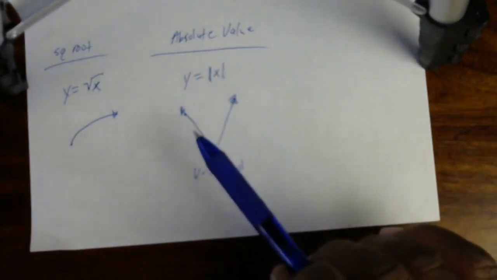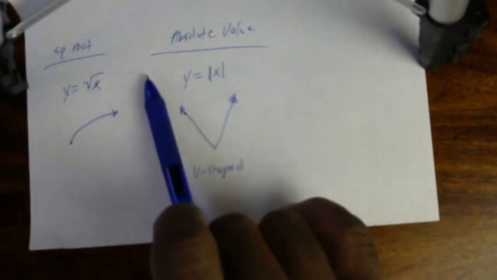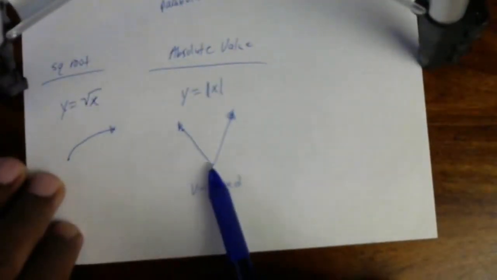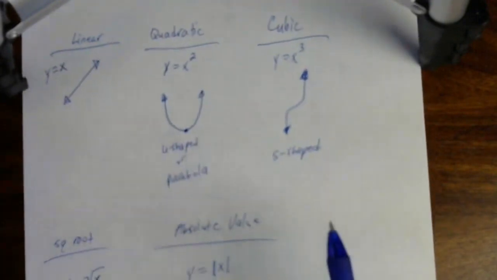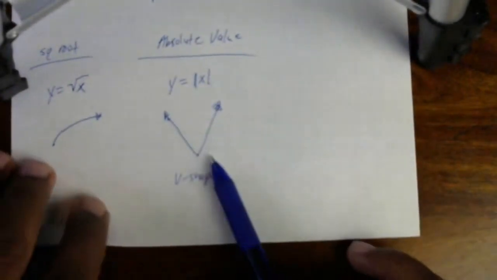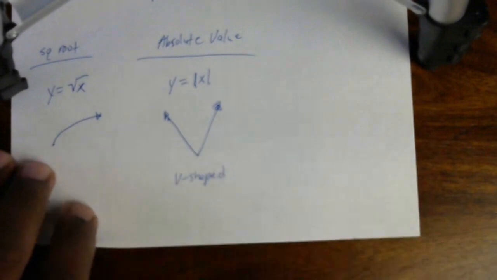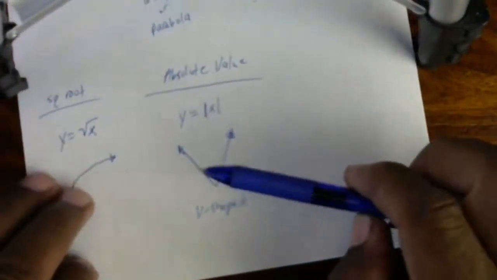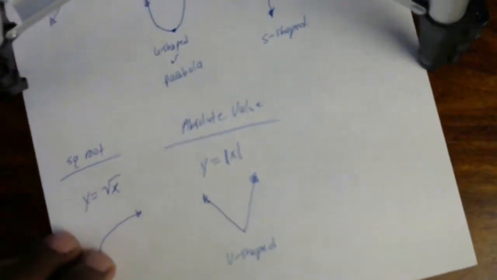And if I look at my V-shaped or absolute value graph, initially when we read it, it decreases. And then we get to a point, and this is called a vertex. The only graph that has a vertex is a quadratic function. But we get to a certain point on the absolute value graph, and then that graph increases. All right, so that's just a brief stint on increase and decrease and how to read graphs.